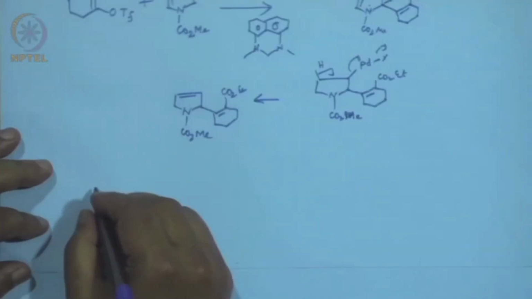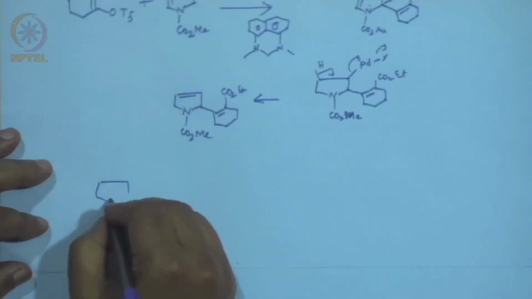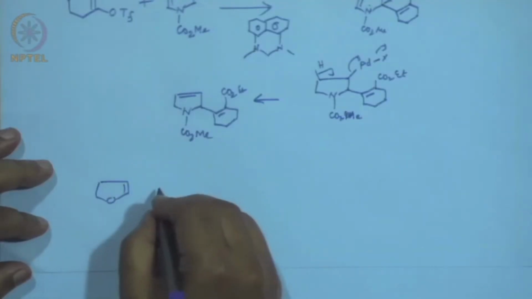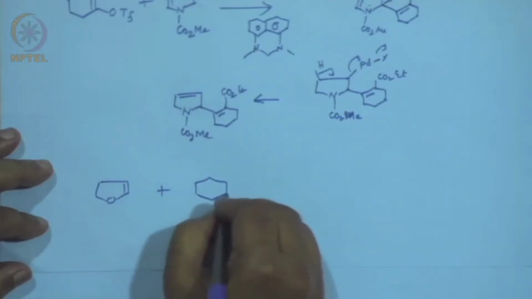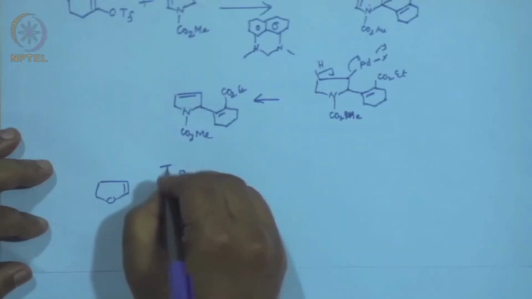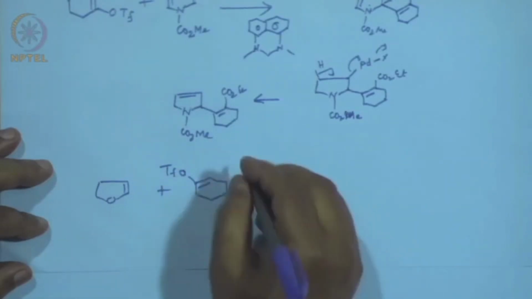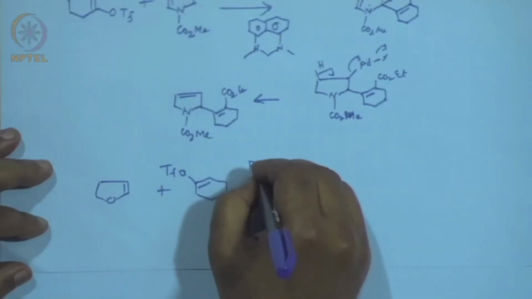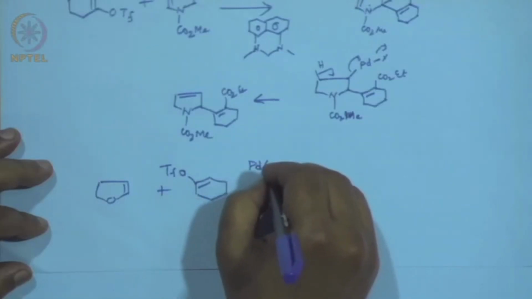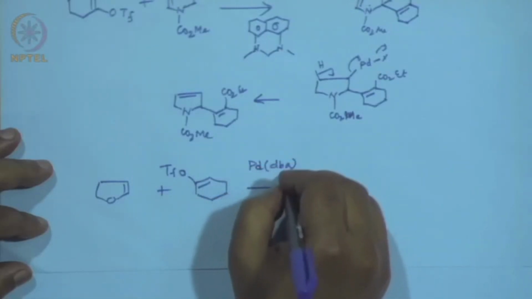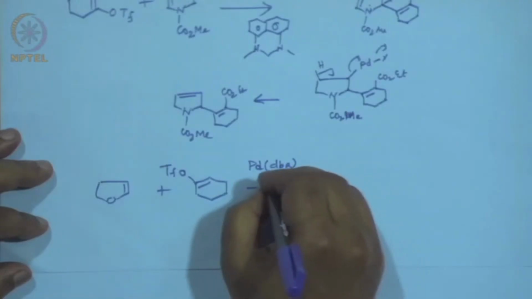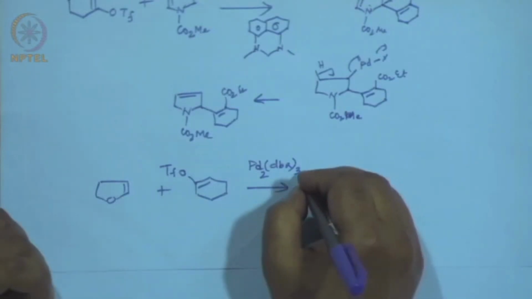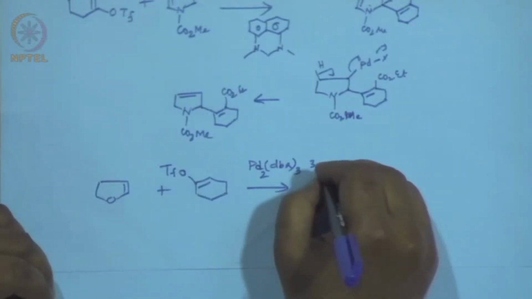Okay. So, this is somewhat common also. Let me give you one more example from the 5-member heterocycle. You have a dihydrofuran and a triflate like this. So, a triflate does this reaction. In this case, palladium DBA, dibenzylideneacetone, palladium DBA, this is only 3 mole percent.